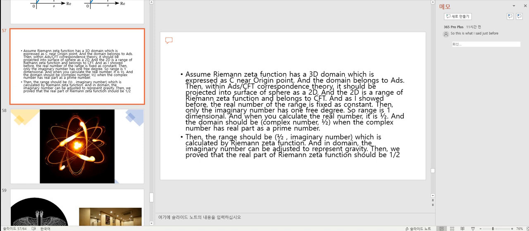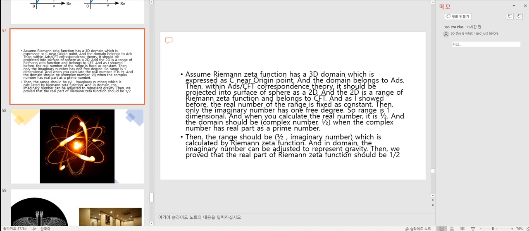So this is what I said just before. Assume the Riemann zeta function has a 3D domain which is expressed as C near the origin point, and the domain belongs to AdS. Then within the AdS-CFT correspondence theory it should be projected onto the surface of a sphere as two-dimensional, and the two dimensions are the range of the Riemann zeta function and belong to CFT. And as I showed before, the real part of the range is fixed as a constant, so only the imaginary part has one free degree, so the range is one-dimensional.